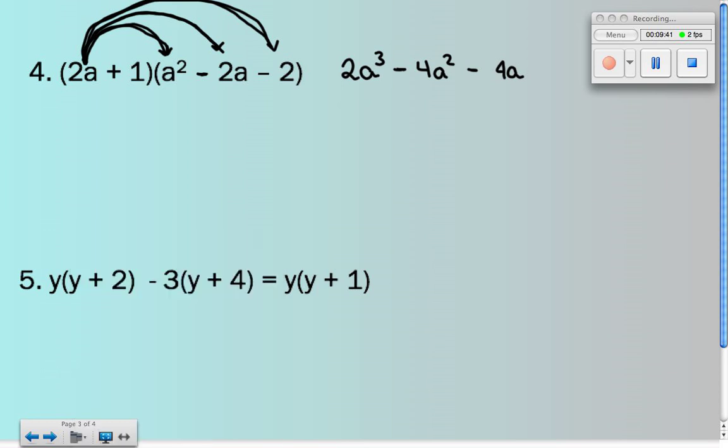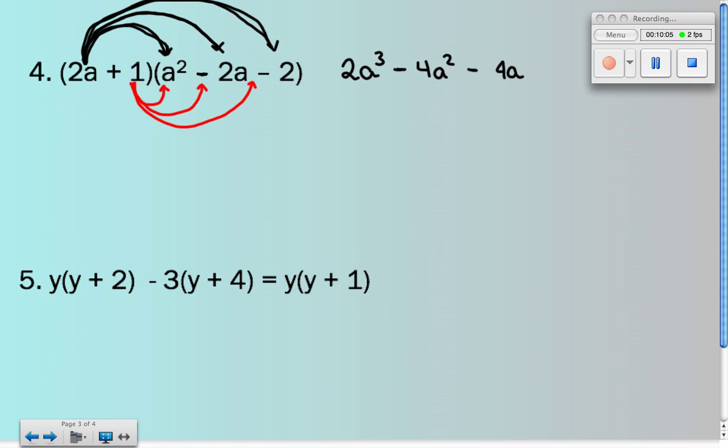Let's take this 1 and distribute it. But distributing a 1 is kind of easy because I'm just multiplying everything by 1. And when you multiply everything by 1, it doesn't change. Now, this is going to get a little long here, but 1 times a squared is a squared.